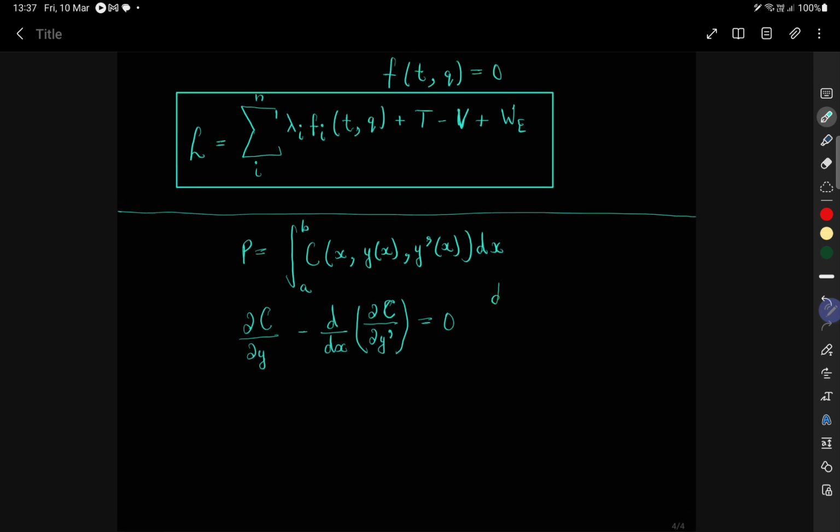Now, if you remember from the previous page, the total derivative of c in terms of x should be partial c by partial x plus partial c by partial y times dy by dx plus partial c by partial y prime times dy prime by dx.